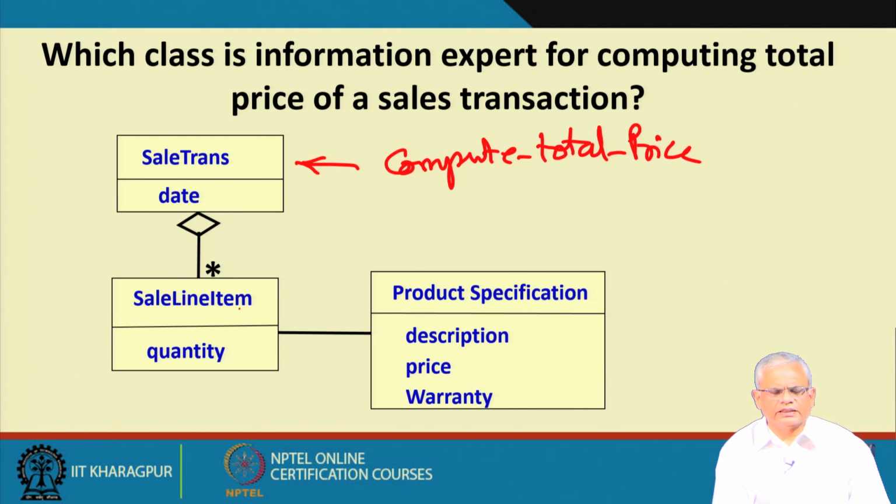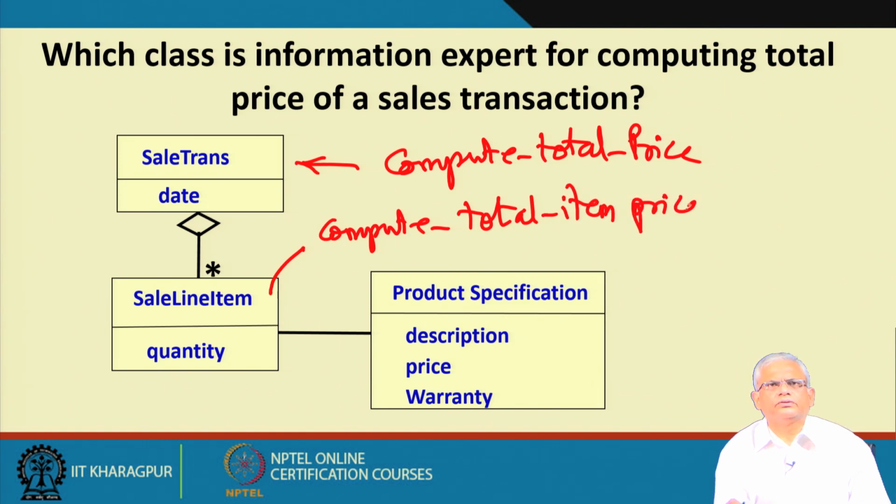Now, it can request the sale line item to compute the price for the sale line item. It will assign the responsibility, invoke the responsibility, compute total item price, and to compute the total item price, the sale line item object has the quantity, but it does not have the price information.